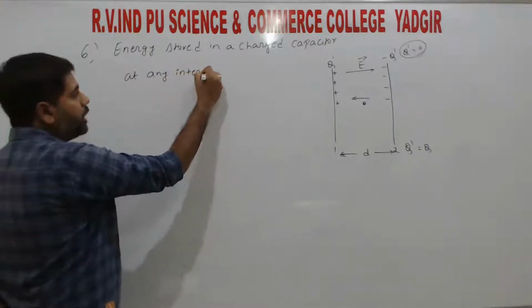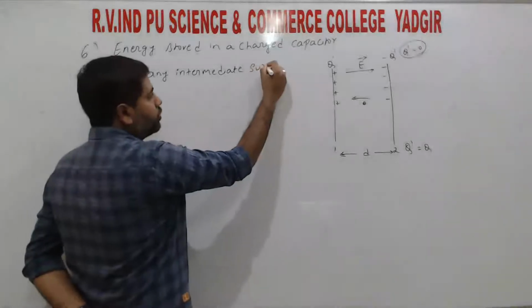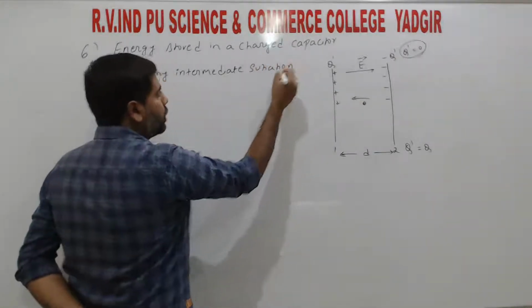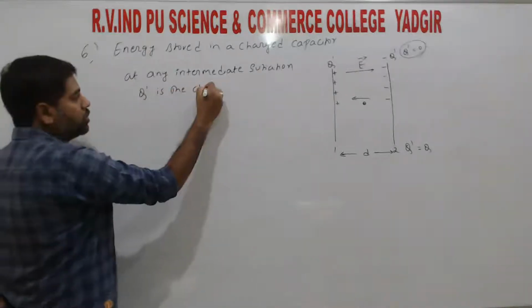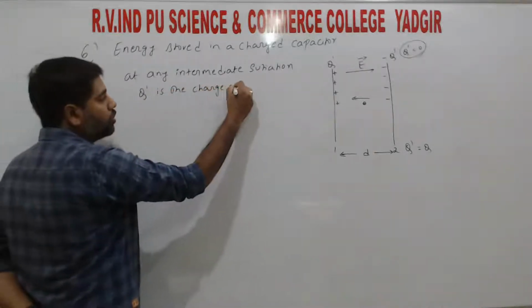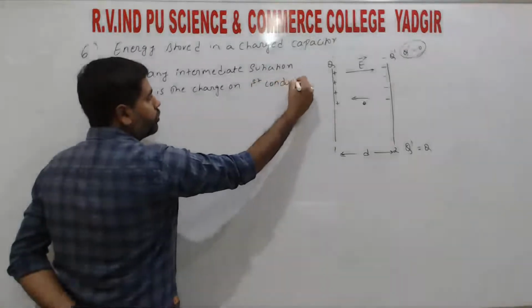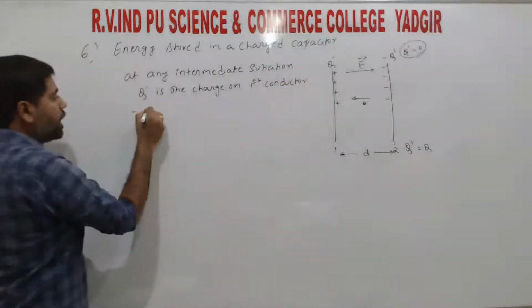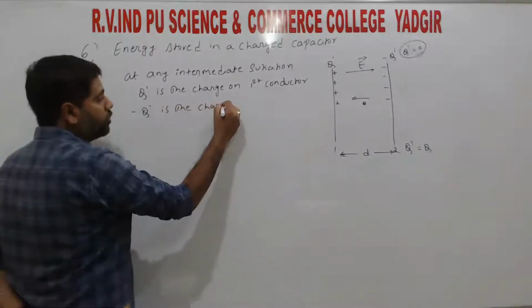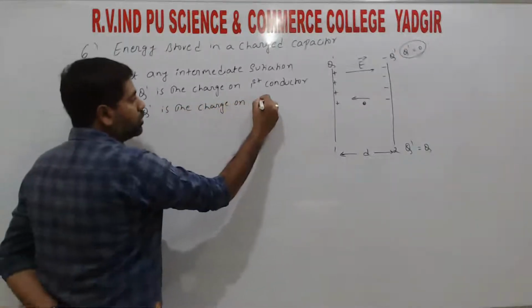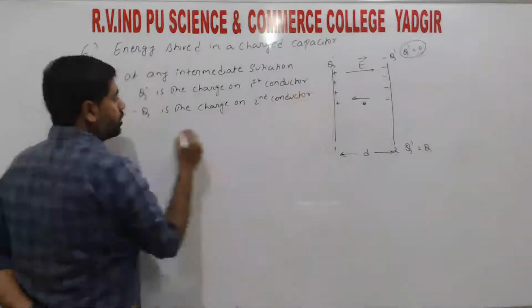At any intermediate situation, Q dash is the charge on the first conductor, minus Q dash is the charge on the second conductor, right?